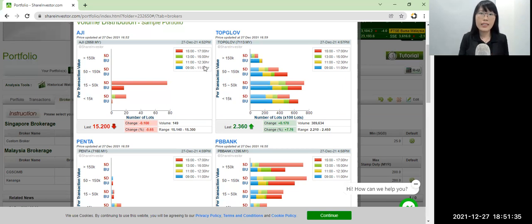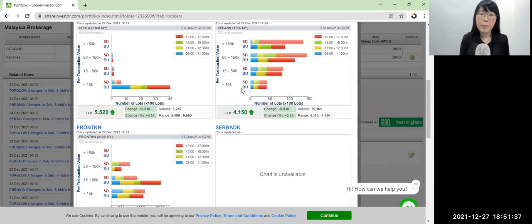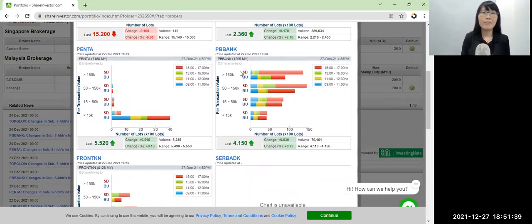So in this case, for Public Bank, you can see the BU means buy up, ST means sell down. Based on the chart, you can see that the value of the transaction is less than 15K.